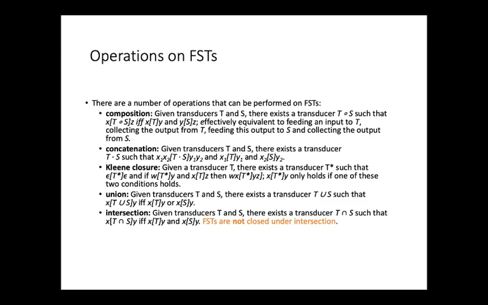So that everything that would be okay with transducer A and everything that would be okay with transducer B are okay with our new transducer C. So it's a kind of parallel thing.